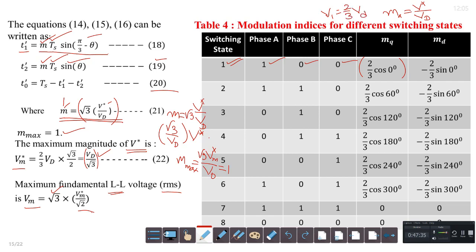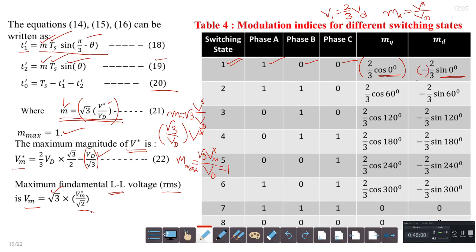So V1 by Vd is 2 by 3, at angle 0, so cos 0. The vertical component is not there, so minus sin 0, because the vertical component is sin of the angle, and the minus sign is taken because it is in the downward direction.